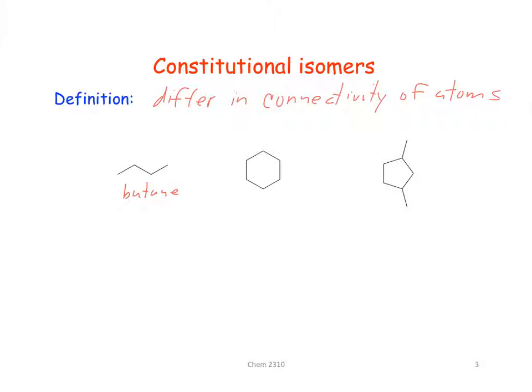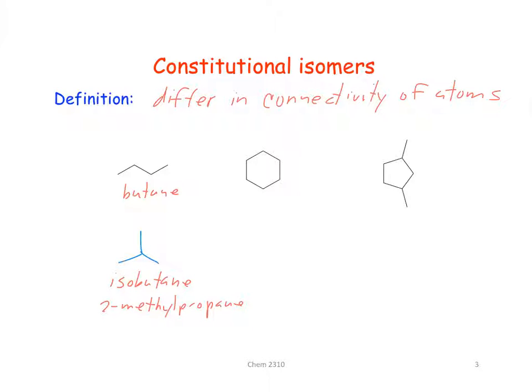One constitutional isomer, and we've seen this before, could be this structure here. We could call this isobutane, or if we follow IUPAC, this would be 2-methylpropane. Butane and 2-methylpropane both have the same molecular formula.